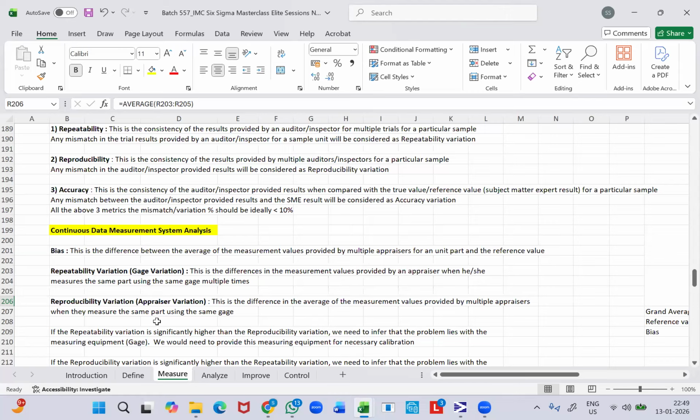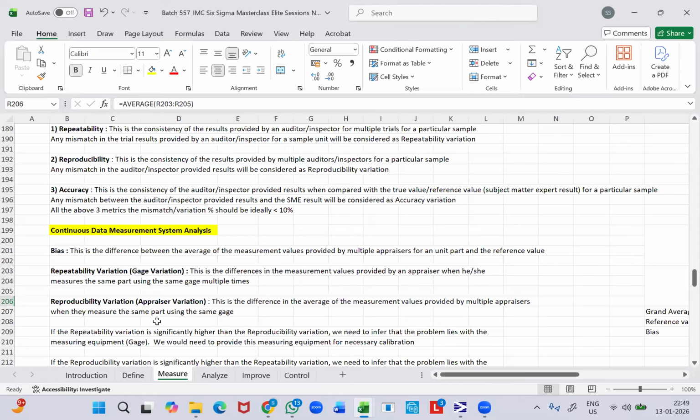On the other hand, if you find the overall gauge R&R variation to be less than 10%, and they have also provided the repeatability and reproducibility variation percentages, you don't even need to look at whether one is greater than the other or not, right? Because when the overall gauge R&R variation is well within the criteria limit, we can straight away infer that the measurement system is working fine.